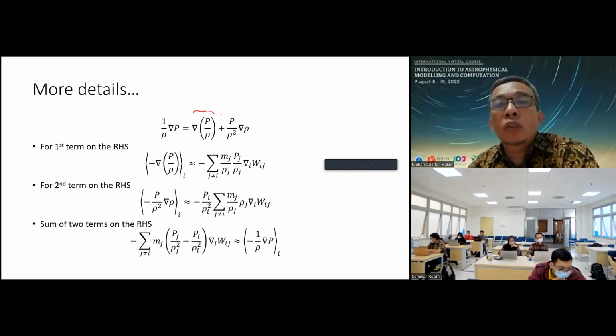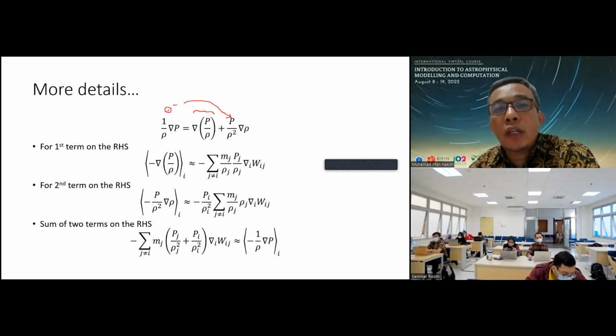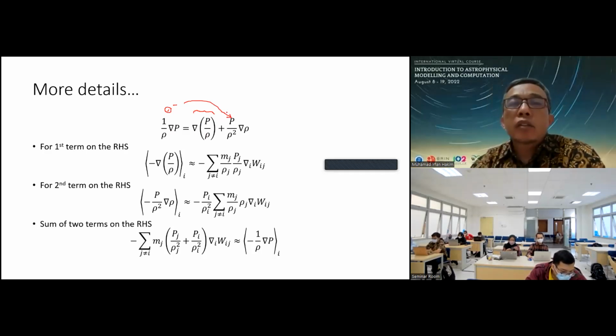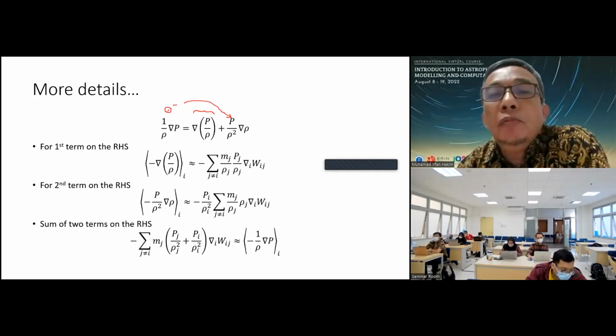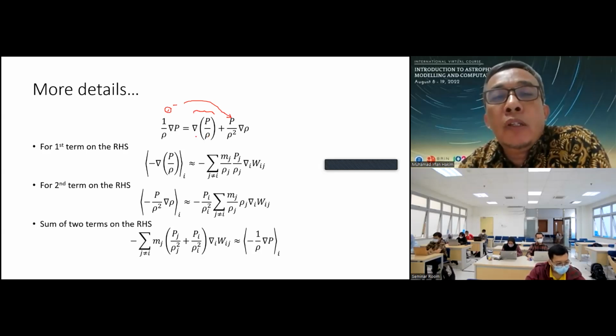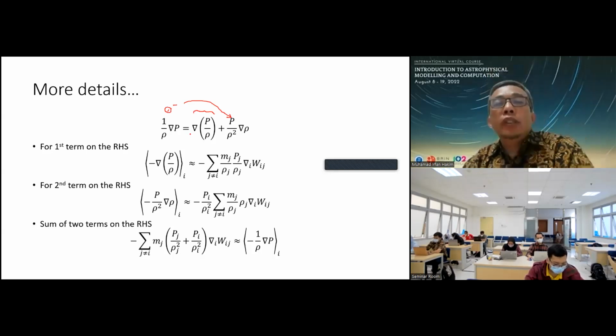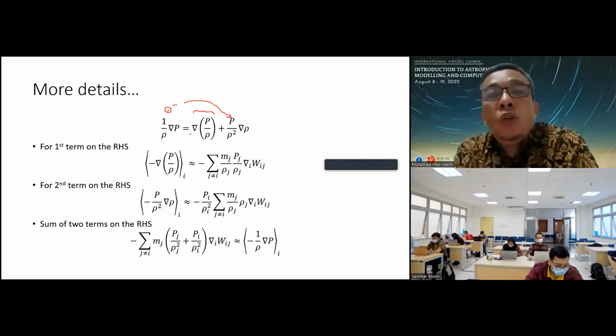We would have two terms. First term is here minus the second term here. Please inspect this expansion of this grad of P on rho.